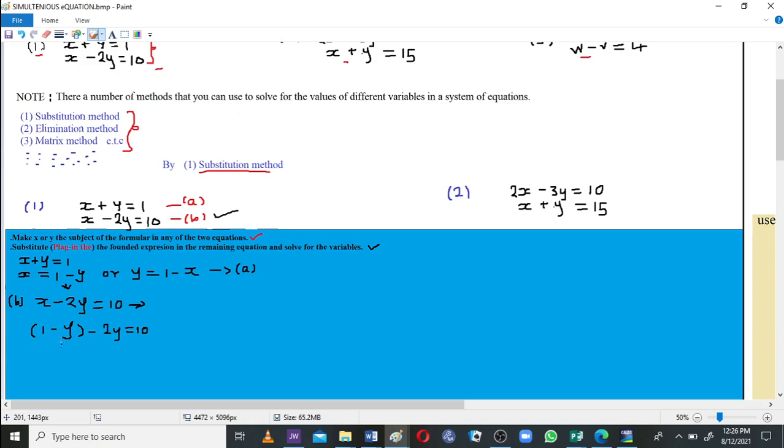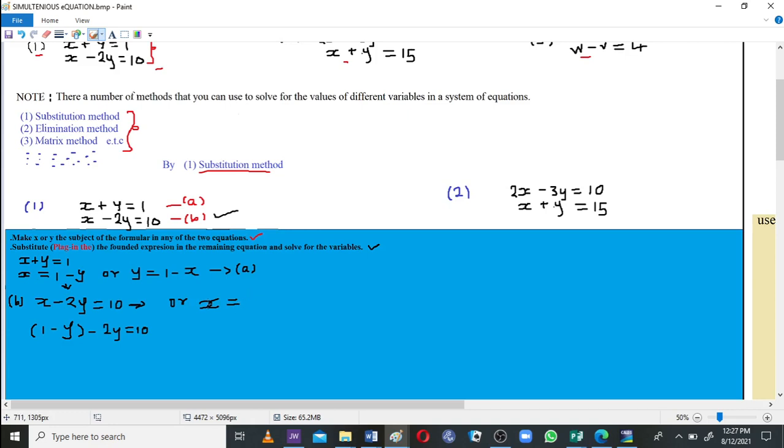Next, if you choose y, let's also substitute on this side. We use equation B again, the same equation. This time we want to substitute where we have y. Remember, if you made y the subject of the formula, your expression is y is equal to 1 minus x.